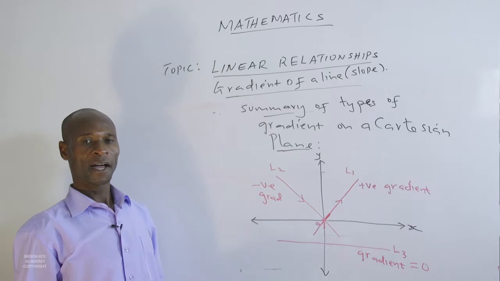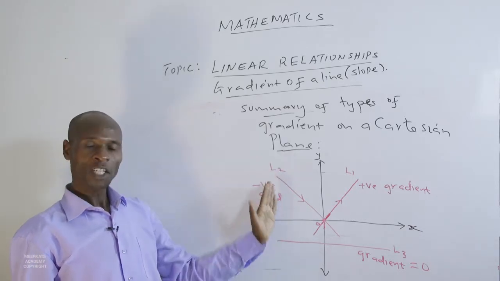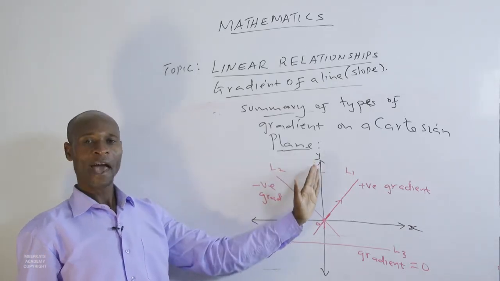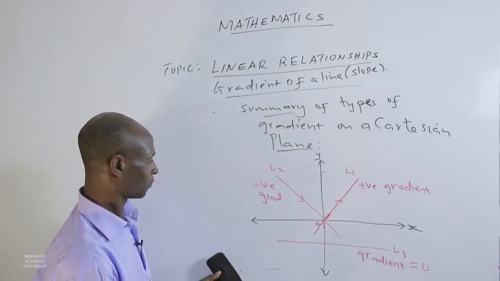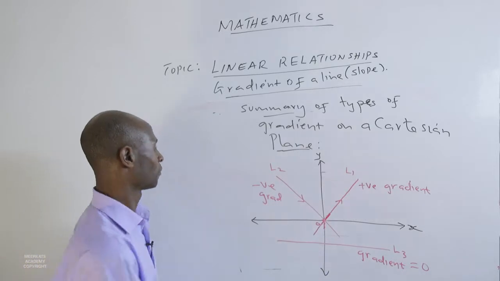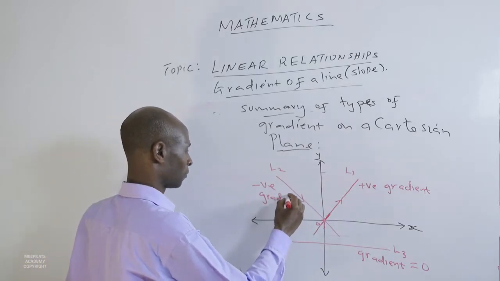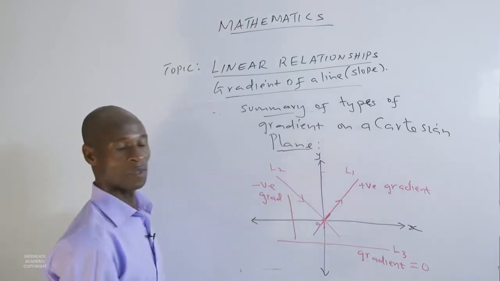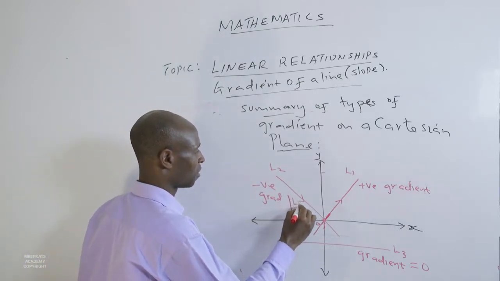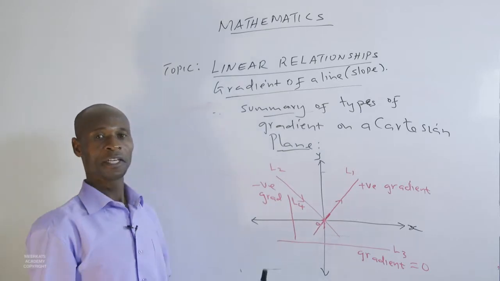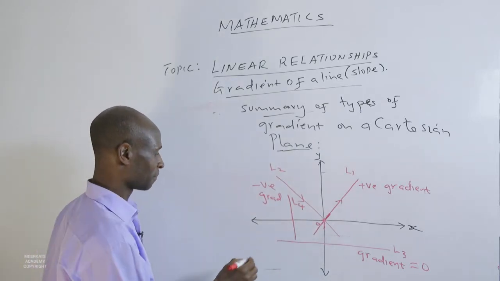If we consider a line that is vertical and parallel to y-axis, in our case is line 4. Its gradient is undefined.